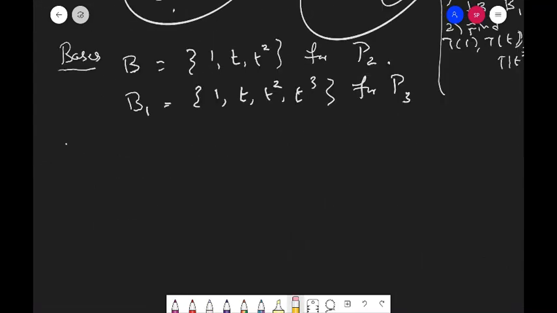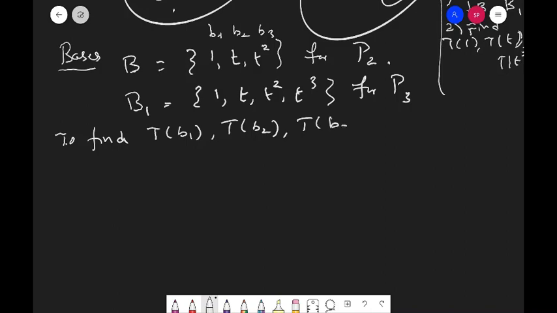Now first we have to find, if this is B1, B2, B3, then you have to find T of B1, T of B2, T of B3. That is, you have to find T of 1, T of t and T of t square.